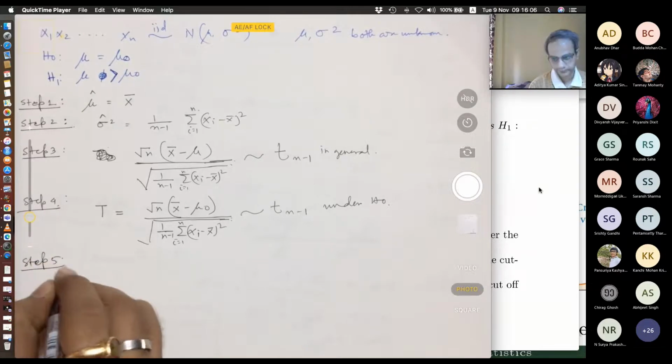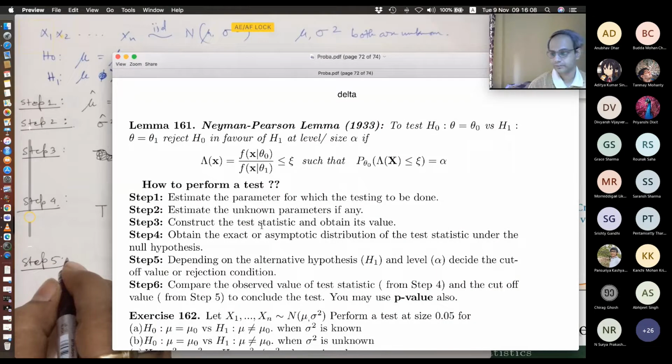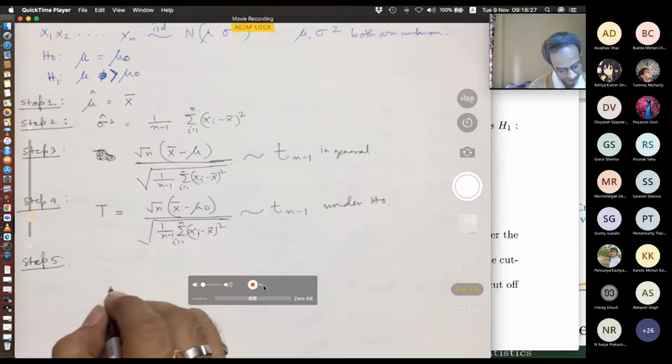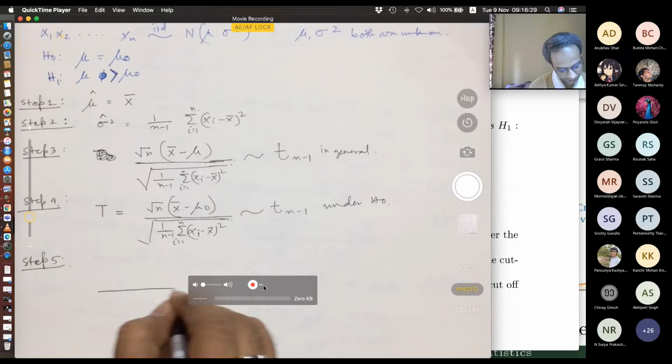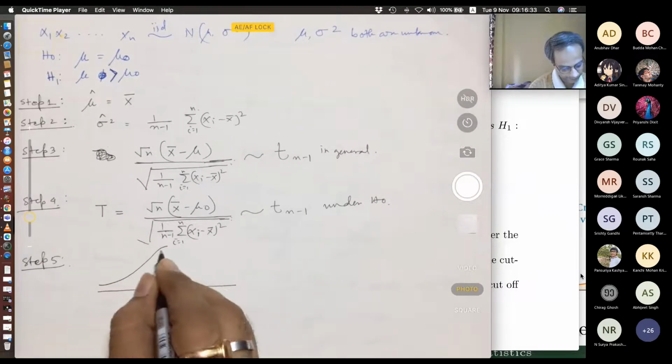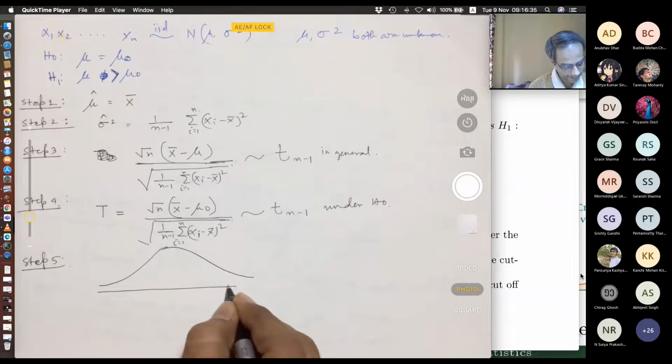Step 5. Depending on the alternative hypothesis and level alpha, decide the cutoff value or the rejection condition. Again, you do the same job. Here is the T distribution with n minus 1 degrees of freedom.